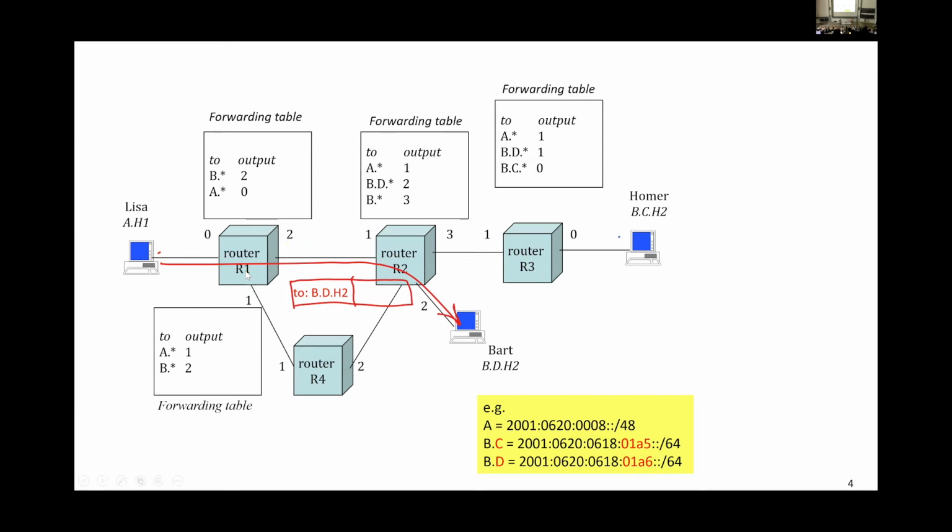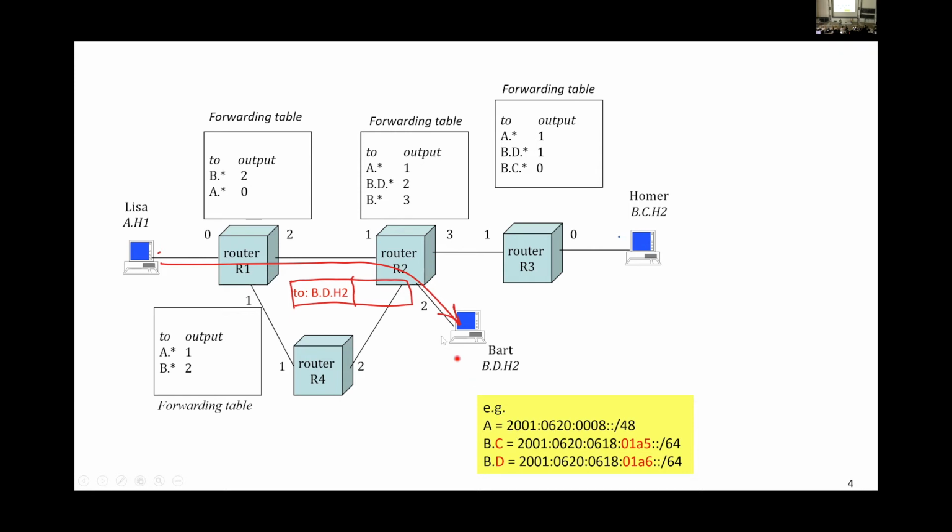What router R1 will do is use its routing table, and the routing table contains not the whole list of destinations, but only destination prefixes. For example, a prefix is B. I write B dot star. In reality, it would be in the form that is written here, B/48, which means the first 48 bits of this string.